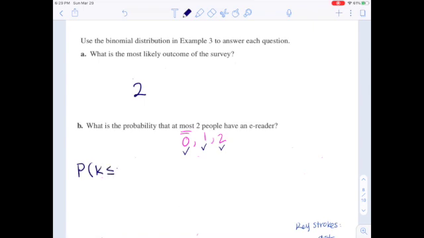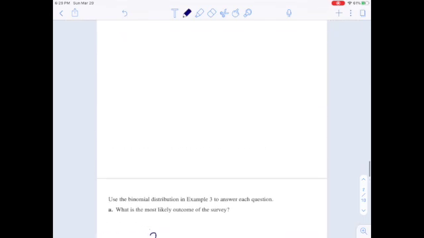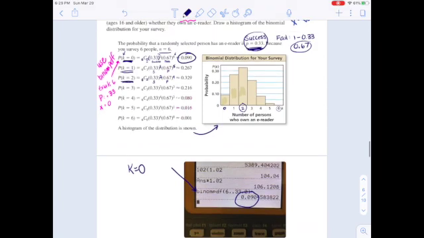We could write that out as the probability of k being less than or equal to 2. You're going to add up all the probabilities of getting 0, 1, or 2. So the probability of k equals 0 is 0.090, plus the probability of k equals 1, which I don't remember off the top of my head, plus the probability of k equals 2.